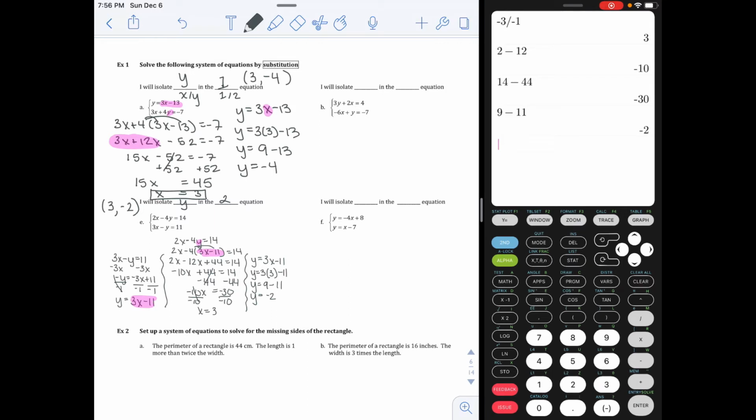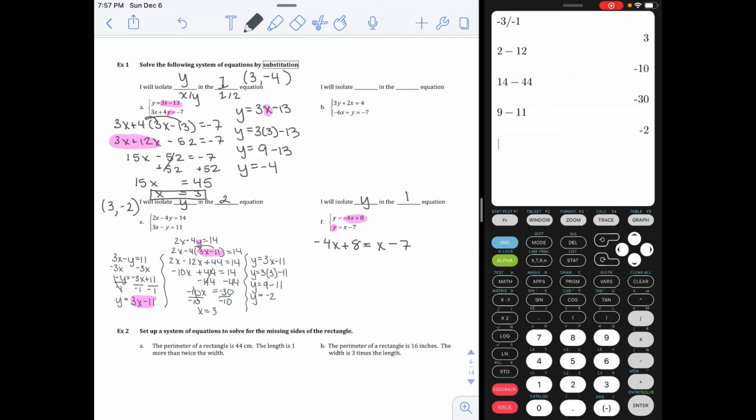Well, it looks like both equations have the y isolated, and it doesn't matter because they're both already isolated. So I'll just say the first equation. So if the first equation is already isolated, that means I'm going to take all of this and I'm going to plug it into the y spot of the other equation. So negative 4x plus 8 got plugged in, and then I copy everything else the same.